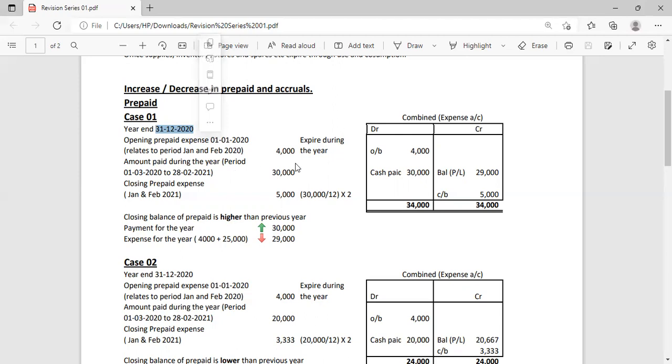And this expires this year. This amount was paid in the last year, but it will expire in the current year. Opening balance is 4,000.